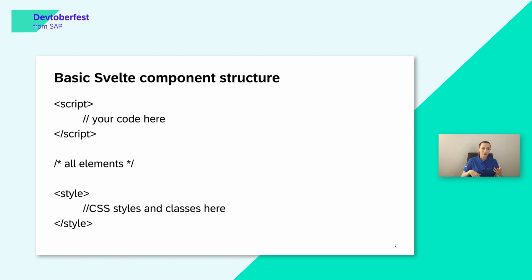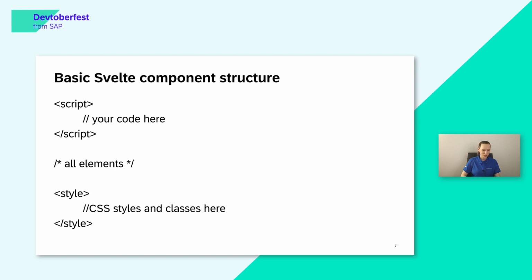And then in the middle here, and this is a personal choice for me, I like having my code and then what the code is immediately applying to, and then my styles down at the bottom. In the middle, you have all of your elements, be it HTML elements, custom components, components from libraries, that kind of stuff.